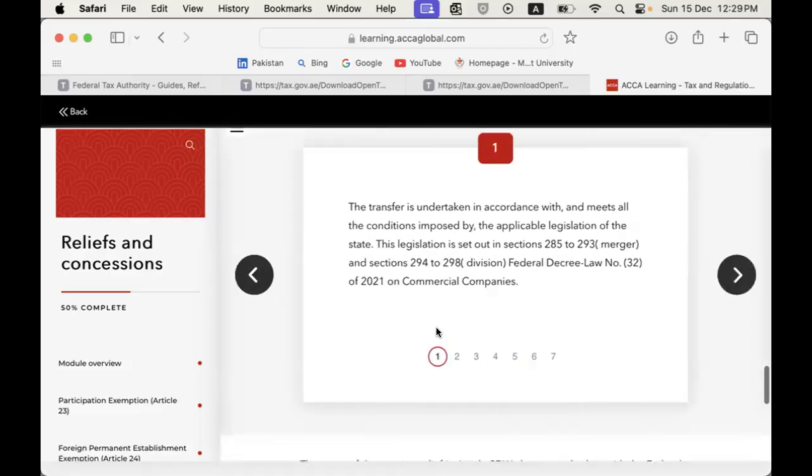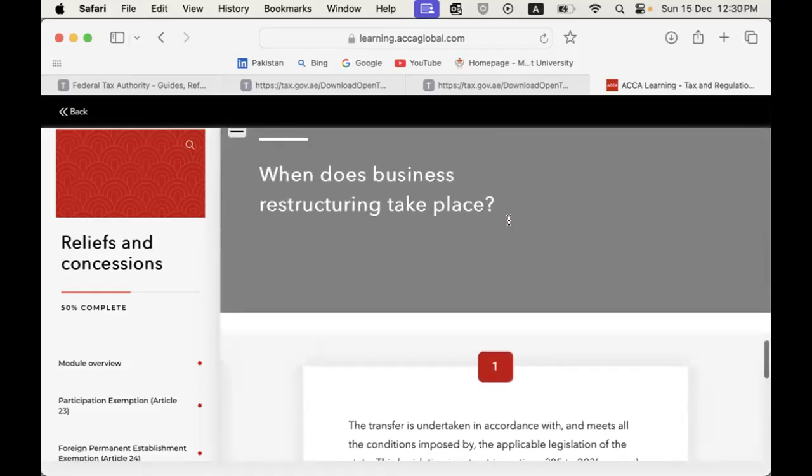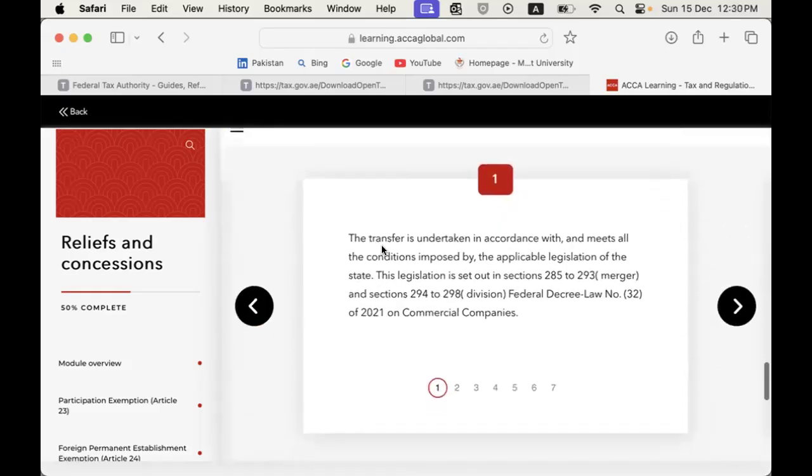Let's read here. Yes, this is the one. Look, it says the transfer is undertaken in accordance with and meets all the conditions imposed by what? The applicable legislation of the State. This should be a capital S, but anyway, meaning UAE.